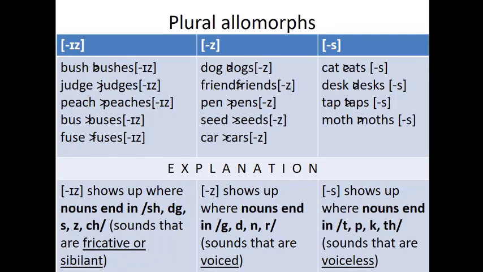You just feel it with your fingers. The vocal cords are vibrating. So the words end in a voiced sound, like the examples that I have: pen, seed. These, d, g, r, are all voiced sounds. And so this influences the pronunciation of the plural morpheme s in words that end in voiced sounds, such as the ones that I have given as examples.